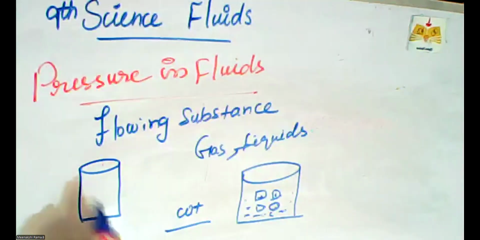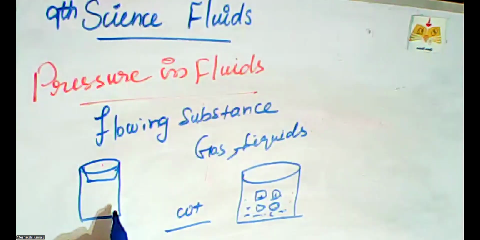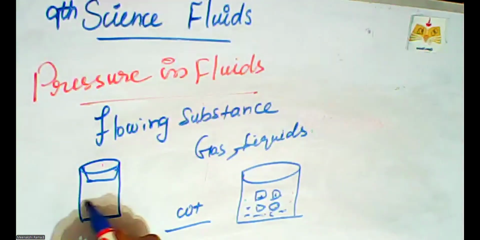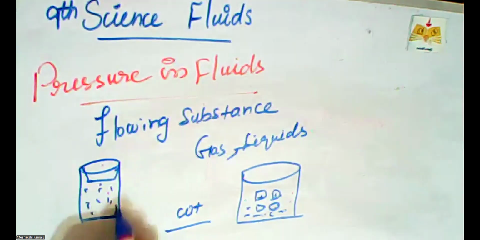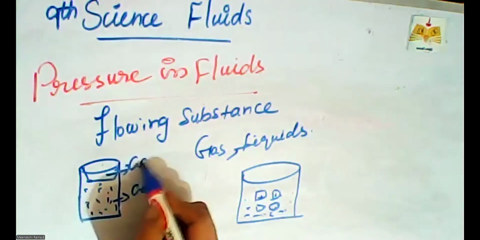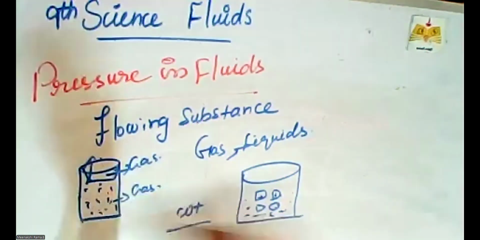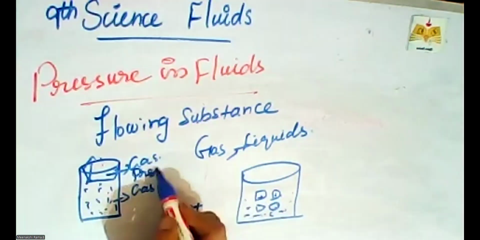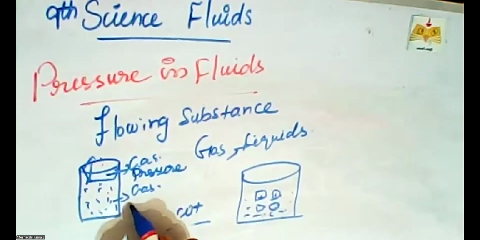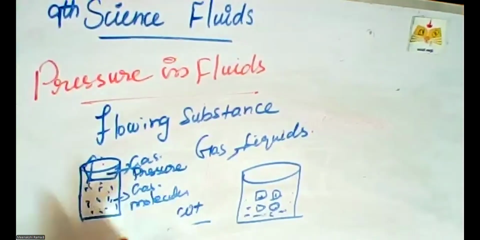So when we fill gases in a container, the gas molecules are stored in that area. So the gas pressure is exerted from that container. The gas pressure comes out, and the gas molecules are arranged in that container.